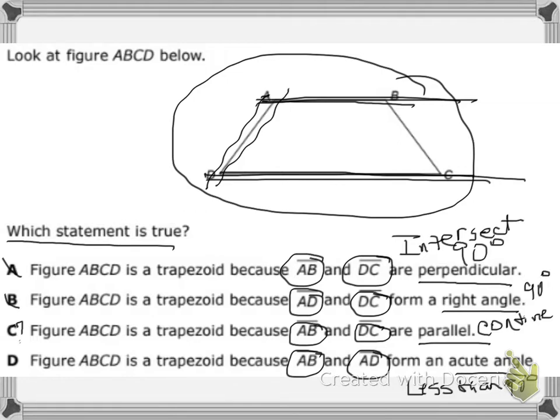No, they do not. So my answer choice is letter C, because A to B and D to C run parallel. That means they continue. Good luck, and let's try our next problem in our We Do.